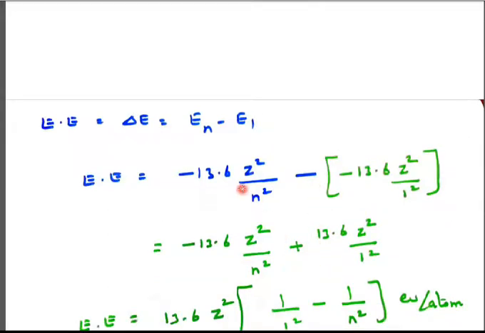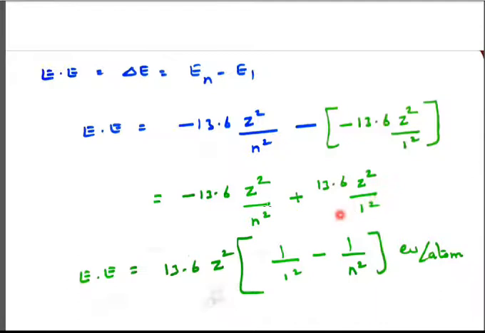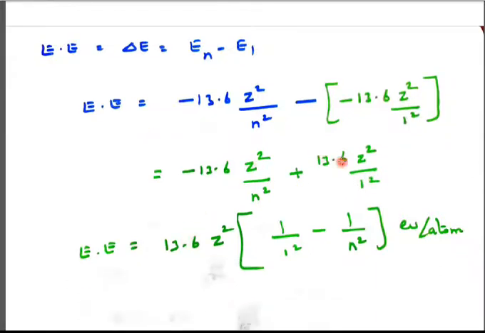So minus 13.6 z square by n square plus 13.6 z square by 1 square, because there is a first level. Here commonly I have taken this 13.6 z square outside. Then here minus 1 by n square plus 1 by 1 square. So I have taken plus 1 by 1 square this side first, and minus 1 by n square on the right side.